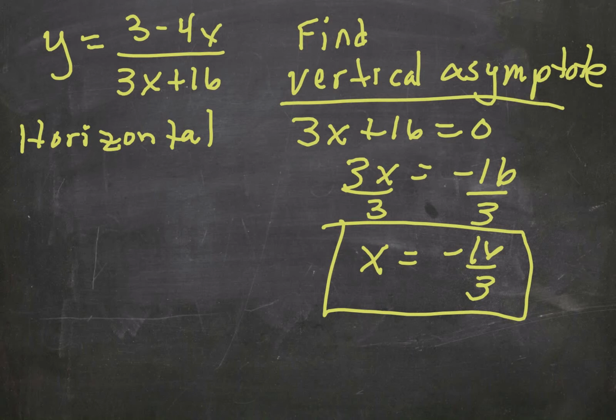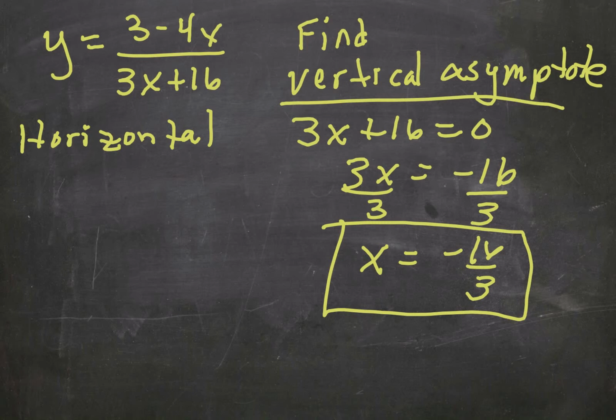You want to look at the highest exponent, and here we have x to the first, 3x to the first, and negative 4x to the first. So you notice on the top and bottom, the highest exponents are the same. So actually that makes it a little easier for us to find a horizontal asymptote.